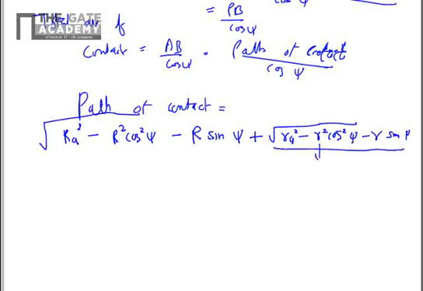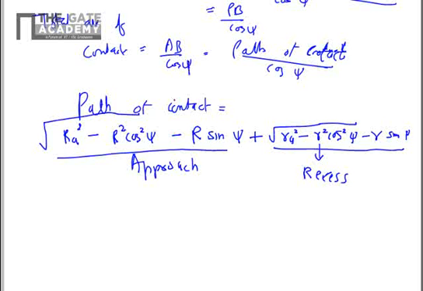So this portion is recess, so the path of recess, and this portion is path of approach. The summation of both is the total path of contact. That divided by cos xi will give you the arc of contact.